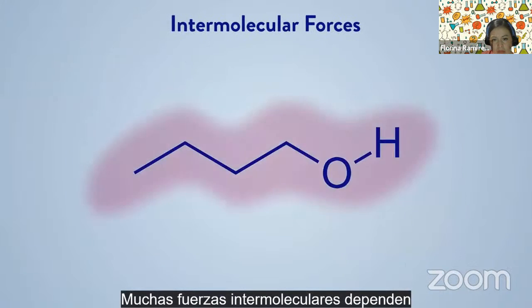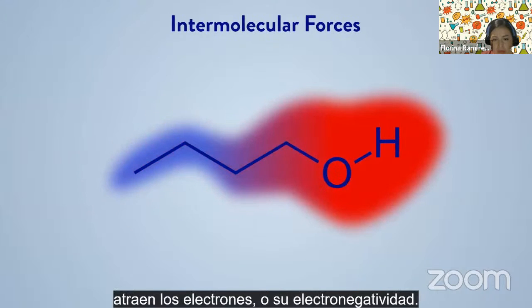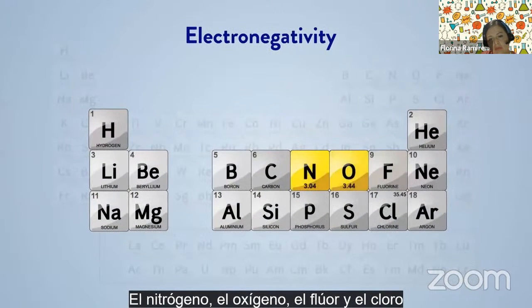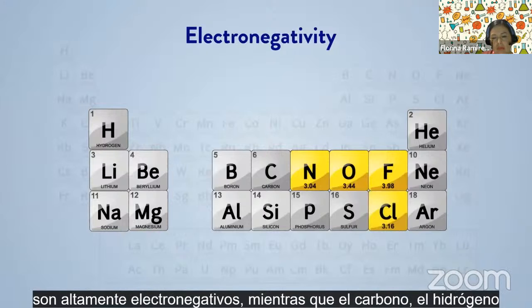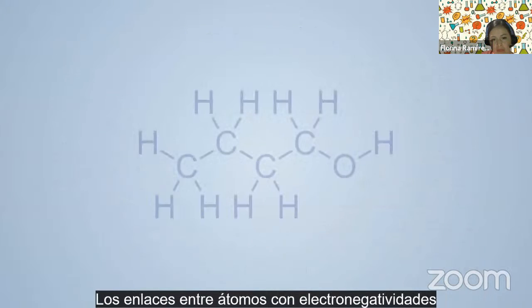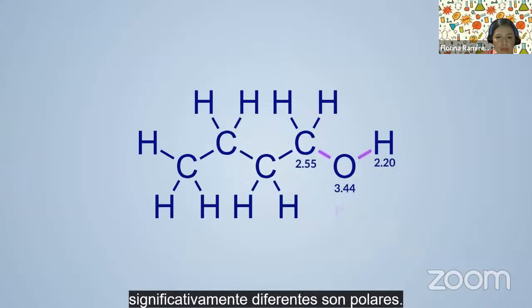Many intermolecular forces depend on how strongly atoms in the molecule attract electrons, or their electronegativity. Nitrogen, oxygen, fluorine, and chlorine are highly electronegative, while carbon, hydrogen, and sulfur are only moderately electronegative. Bonds between atoms with significantly different electronegativities are polar.